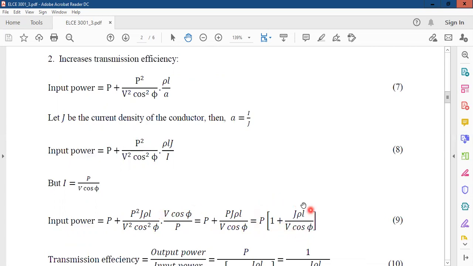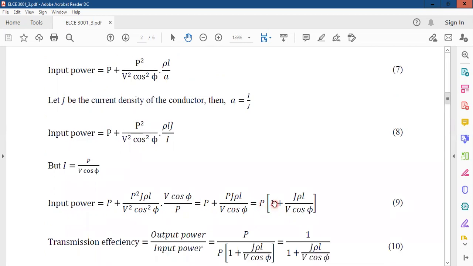So the final equation will be P multiplied by 1 plus J rho L over V cosine phi, because this is going to be eliminated with this square. This P is going to be eliminated with this one. So we will have 1 P, this P plus P J rho L over V cosine phi.